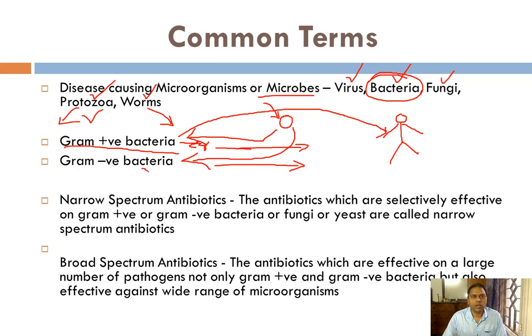These gram-negative bacteria mainly act on the inside of the body, especially one on the lungs and one on the kidney. So they can produce lung infections and kidney infections.